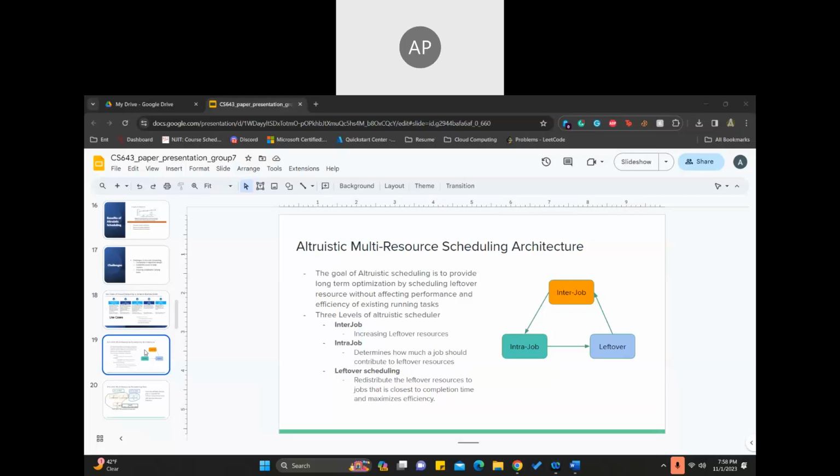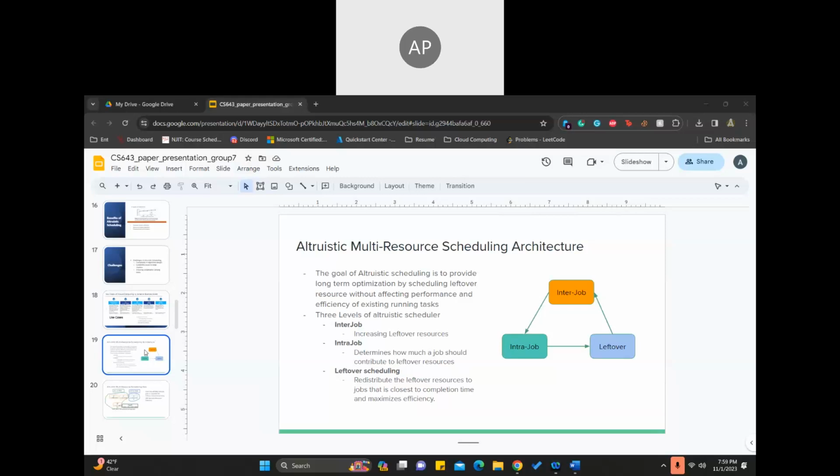First is interjob, where the scheduler will try to increase the leftover resources while assigning jobs. The second is intrajob, where the scheduler determines how much a job should contribute to leftover resources.